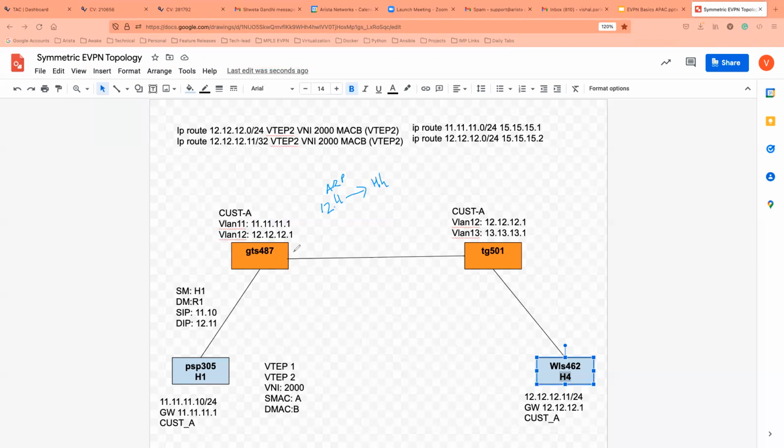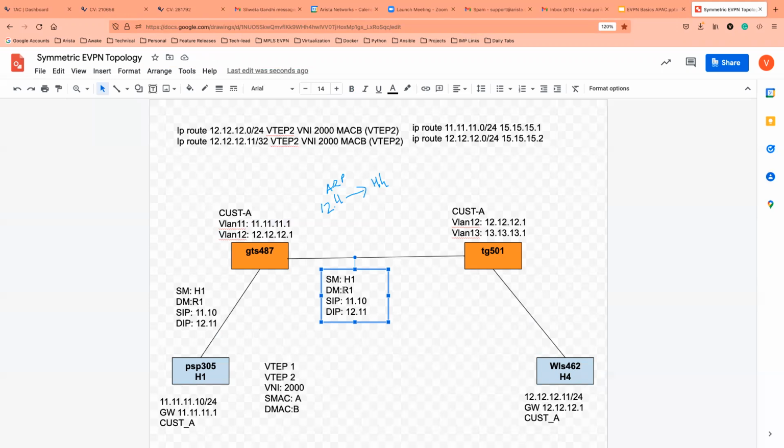So what changes will be there in this packet when you are going to forward it? You will route the packet from 11 to 12 and then forward it directly to H4, right?